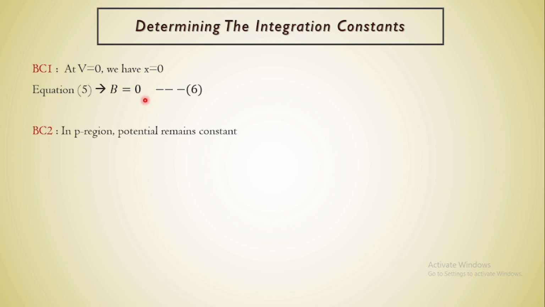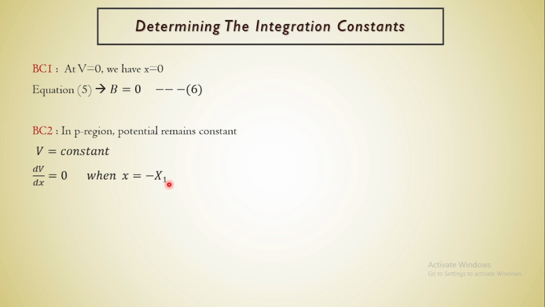And then applying boundary condition number 2, that is in the P region, we know that the potential is going to remain constant throughout. So V is constant, and whenever V is constant with respect to position, its change is 0. So V is constant means its derivative with respect to x is 0 when x is equal to minus x1, that is at the boundary of the P region.